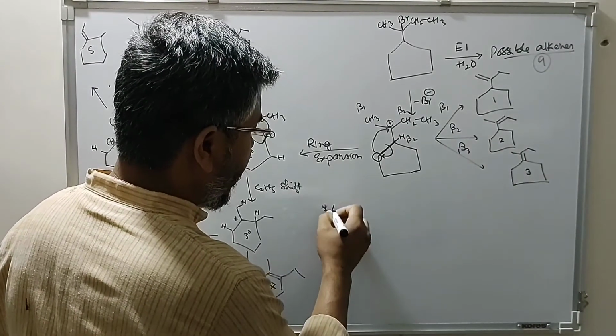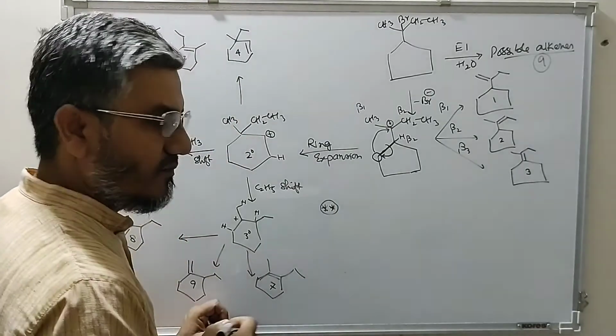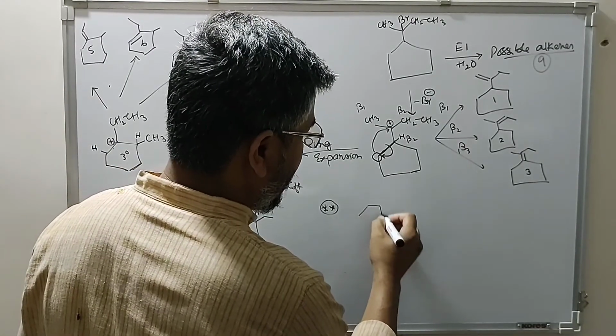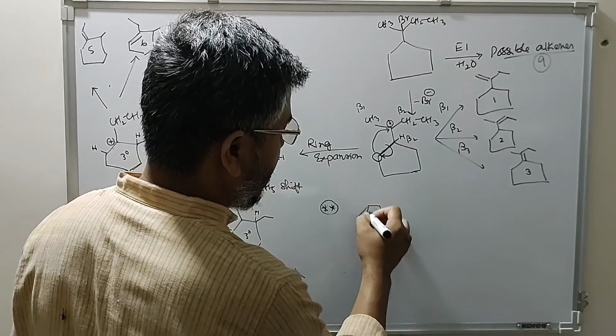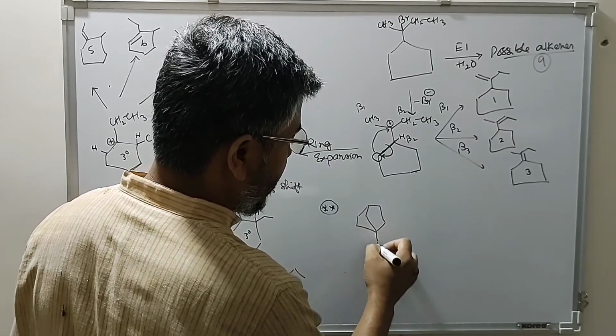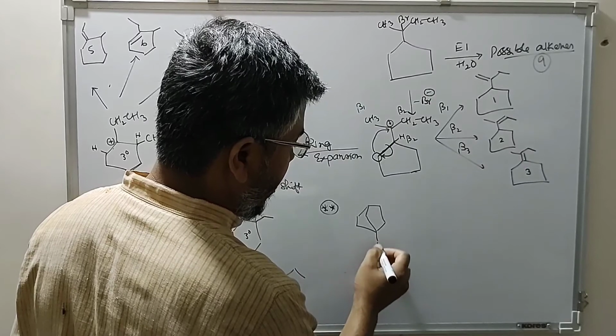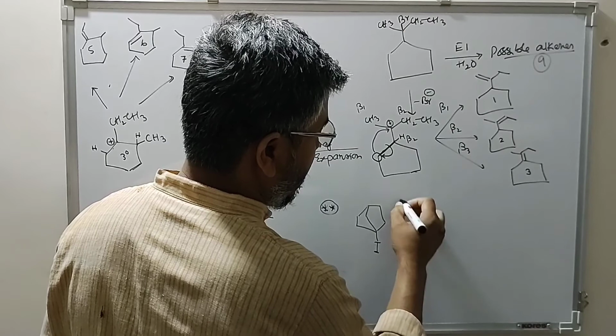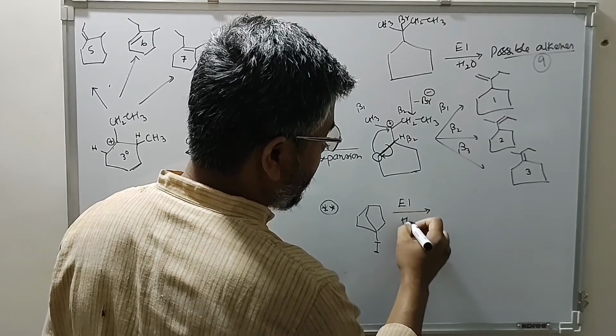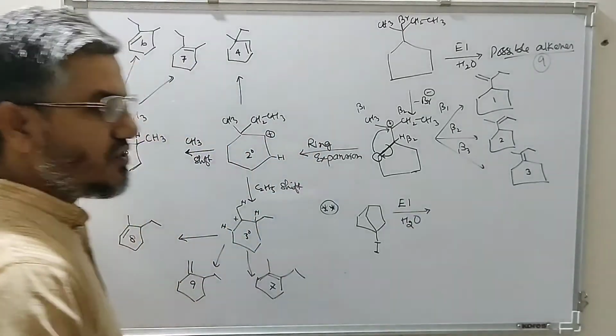One thing that we have to keep in mind is this point. Suppose we have this tertiary alkyl iodide. Now this undergoes E1 in presence of highly polar protic solvent.